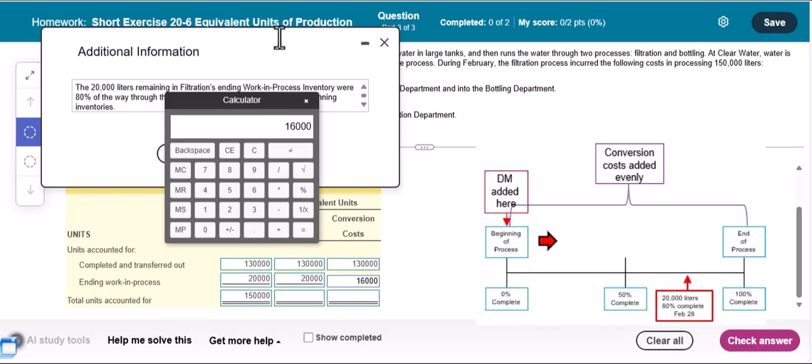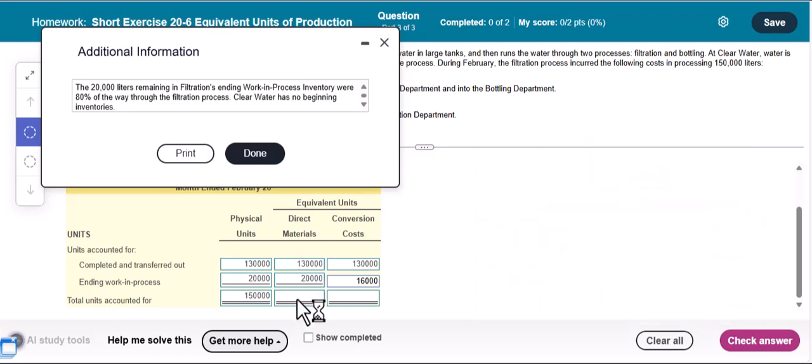So we can close this out and add these through. Total units accounted for direct materials is again 150,000 liters. And for conversion costs, it's going to be the 130,000 plus the 16,000, and that is going to give us 146,000 total units accounted for the conversion costs.